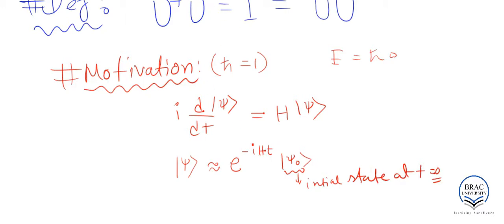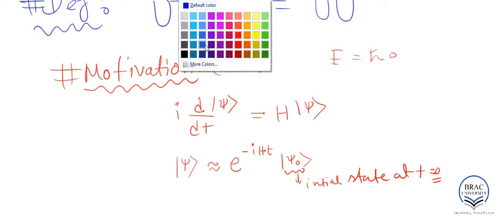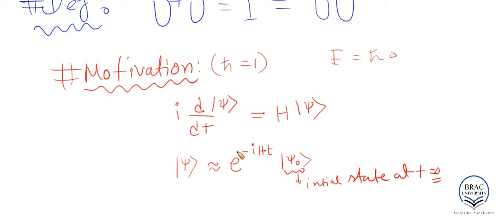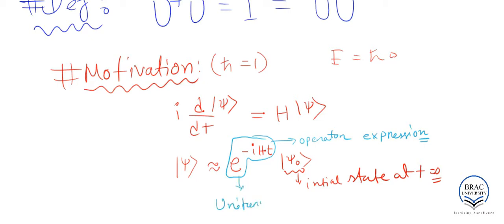And this guy over here, that is this exponential, has an operator. Notice that this is not a number over here. Rather, this whole thing is an operator expression. Now you may not understand this, but that's not the point. The idea is that this operator is actually a unitary operator.